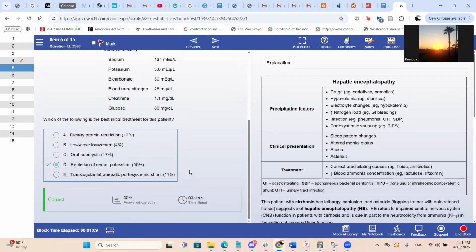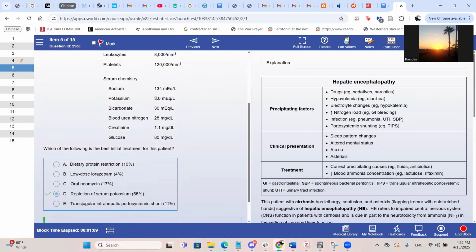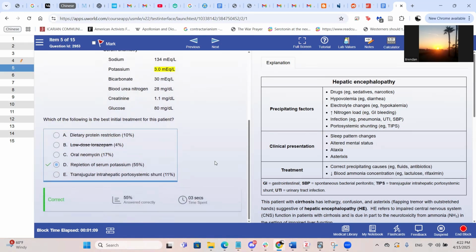It's not just the ammonia reducing agents. It's also the standard baseline treatment of giving them IV fluids and repleting their electrolytes. And if you look at this patient, he has notable hypokalemia. And none of the other answers make sense. That's kind of the thing here.